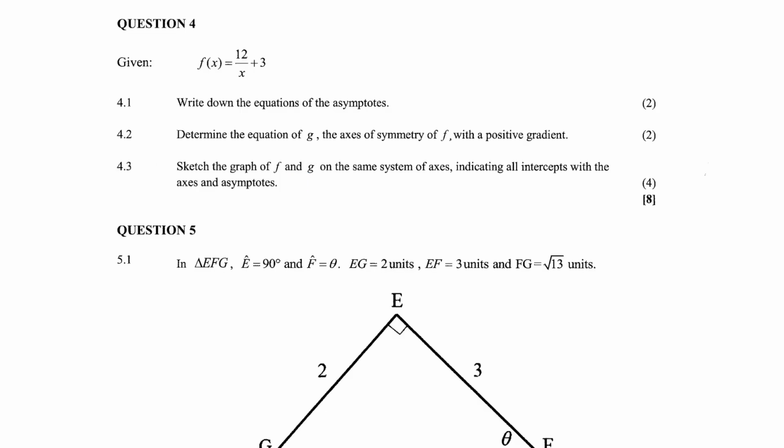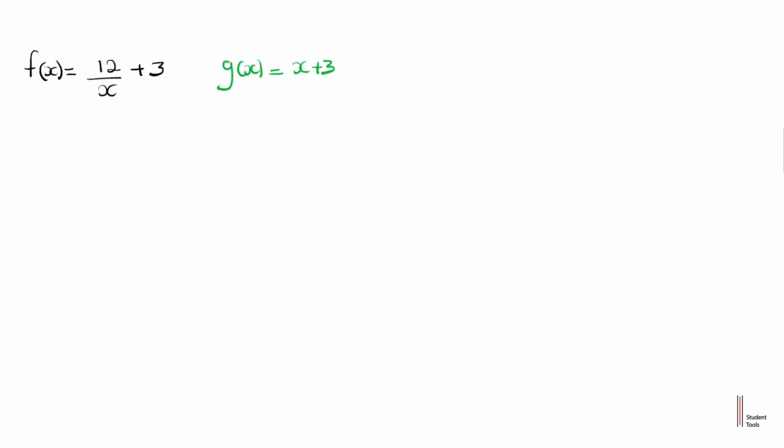4.3. Sketch the graph of f and g on the same system of axes, indicating all intercepts with the axes and asymptotes. Okay, so here we are required to sketch this graph, and we should indicate intercepts with the axes and the asymptotes. So we already know the asymptotes of graph f. So we have the asymptotes as x equal to 0 and y equal to positive 3.